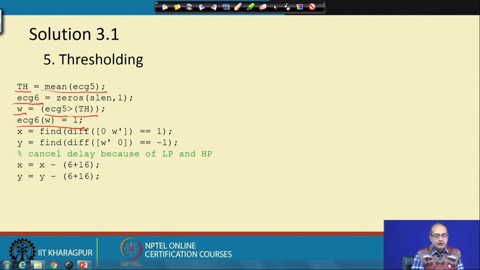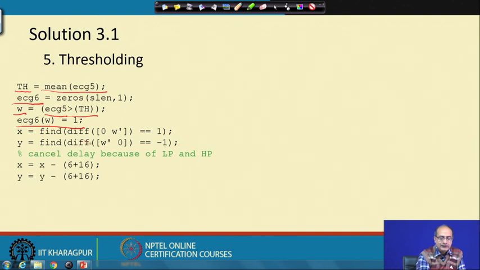So, ECG 6 will give 1 when the post value in ECG 5 is above the chosen threshold. Okay. So, ECG 6 has values 0 and 1.